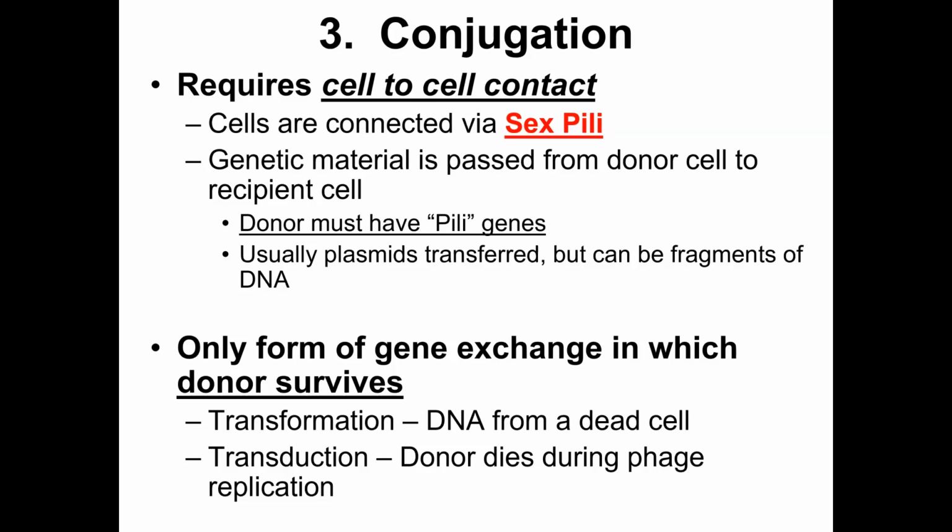Now, they make direct contact through something we talked about long, long ago. Sex pili. That's way back in chapter 3. We talked about cell structure. We talked about pili. There was fimbriae, which are those short hair-like guys used for attachment.